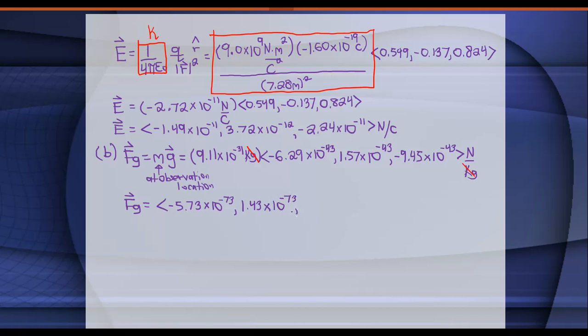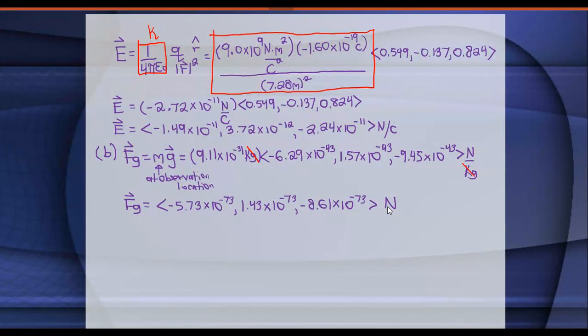Again, this force is so ridiculously small. And then negative 8.61 times 10 to the negative 73. The units are going to be newtons. That's the gravitational force that acts on that electron at the observation location. And again, the vector notation just tells you the x, y, and z component of that force.